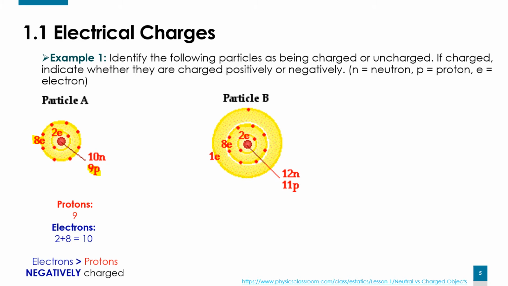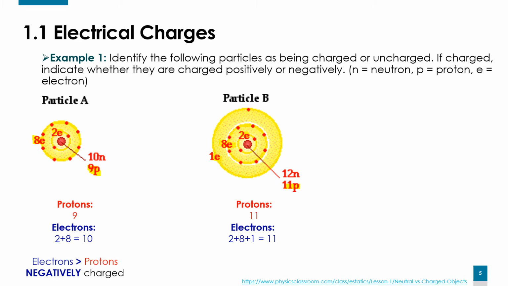Now, the second example. The same way, let's make a list. How many protons do I have? How many protons are represented here? It says 11 protons, right? So 11 protons. How many electrons do I have? 2 in the first shell, 8 in the second one, and 1 in the third one. So 2 plus 8 plus 1, I have 11 electrons, right?